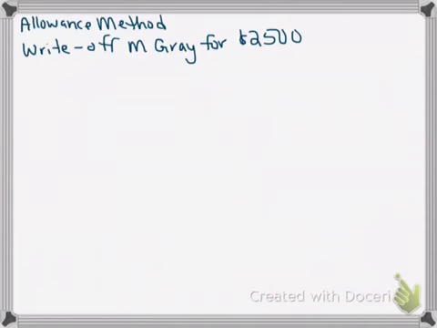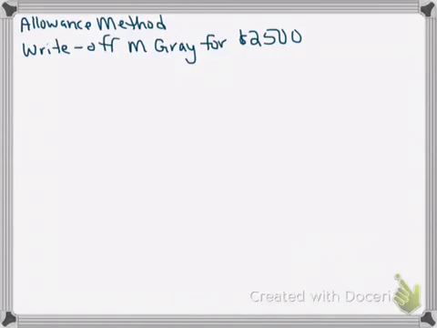Now with the allowance method, let's say that M. Gray has decided, we realize that M. Gray is not going to pay us this $2,500 that she owes us. So in this one, we already have our bad debt expense established through that allowance method.